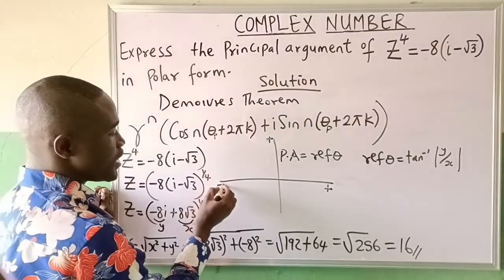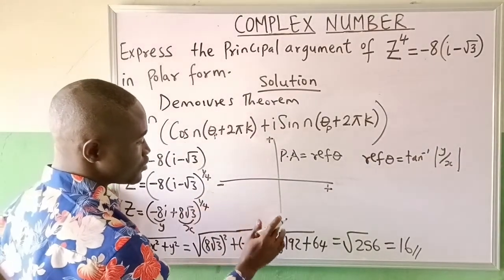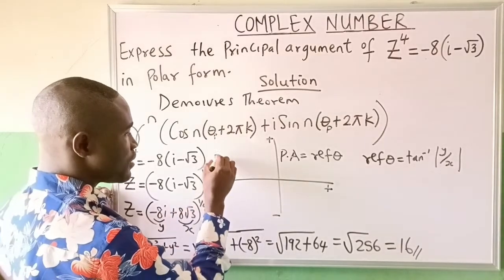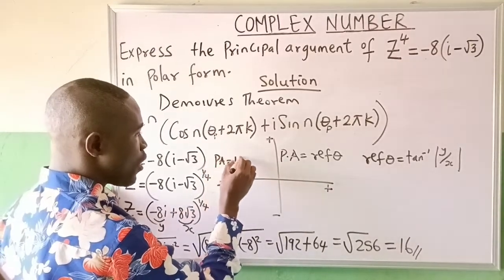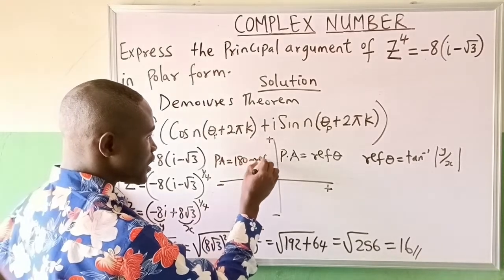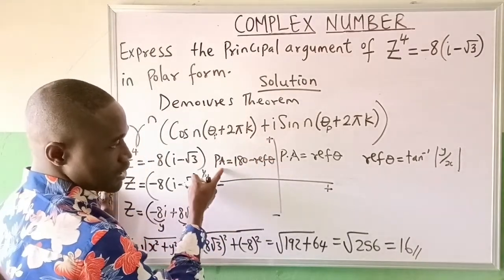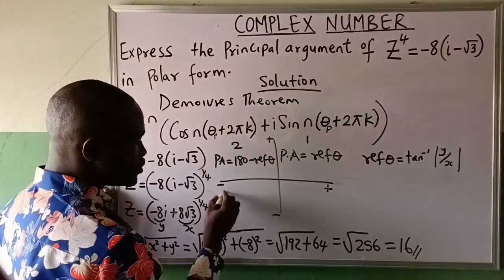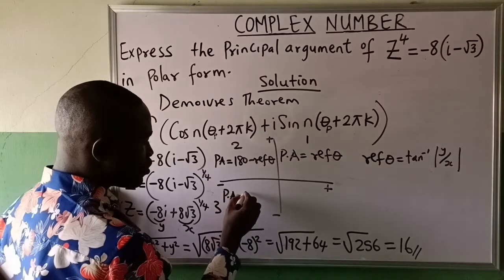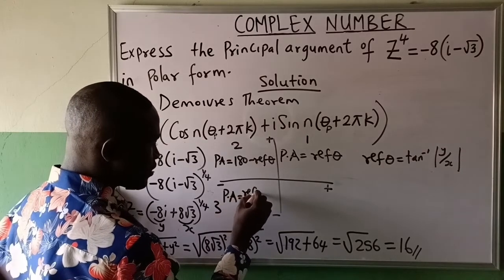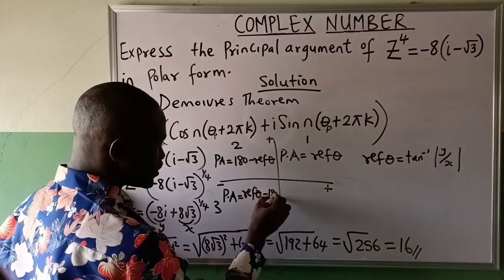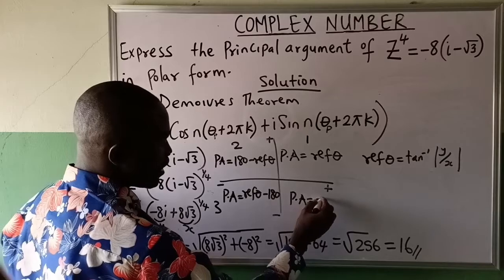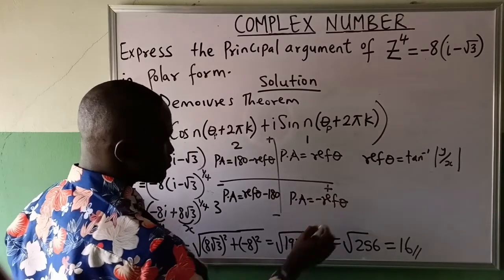But if it is minus here and minus here, if it falls here, that is the second quadrant, you say PA equals 180 minus ref theta. This is first, second. Now, if it falls here, you say that PA is equal to ref theta minus 180. And when it falls here, you say that PA is equal to minus ref theta.